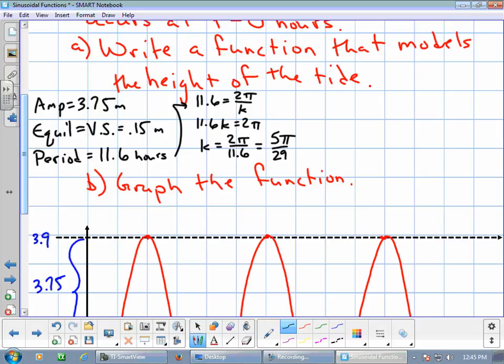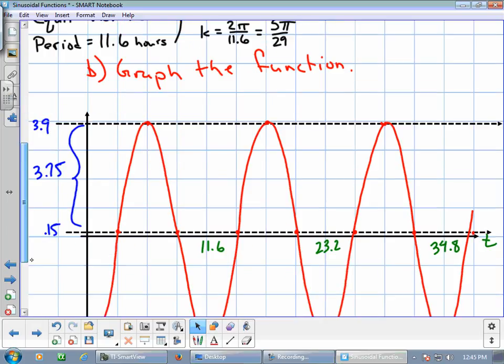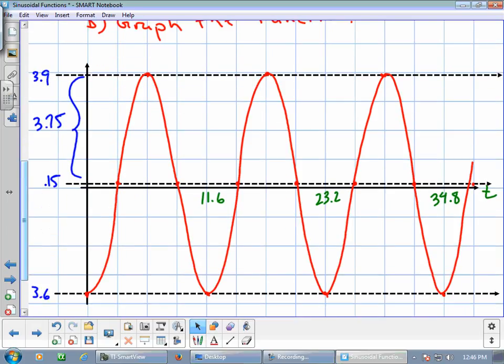All right. Now, the only transformation we haven't described here is a horizontal shift. But if we're smart about this, we can deal with this so that it doesn't have a horizontal shift. What type of function would I want to use if I want this to be my starting point?